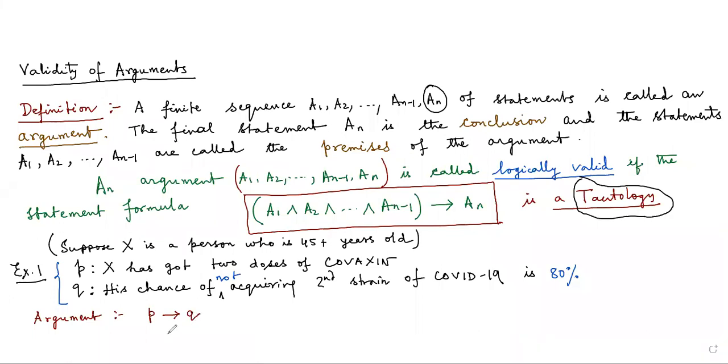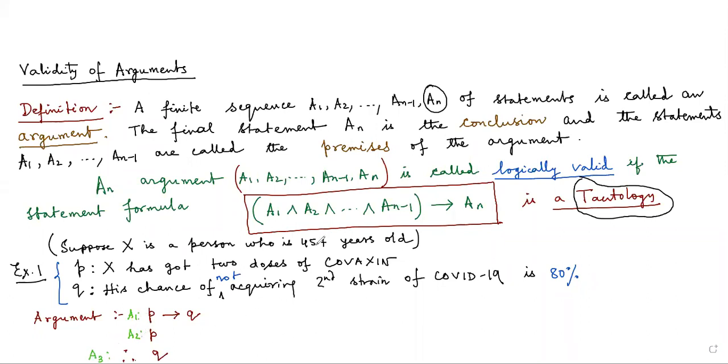So P implies Q. Then suppose the person has got 2 doses of Covaxin. We can conclude from these two that his chance of not acquiring second strain of COVID-19 is 80% indeed. If you correlate this argument, as a special case, with the definition, you can consider this to be my A1, this to be my A2, and that to be my A3.